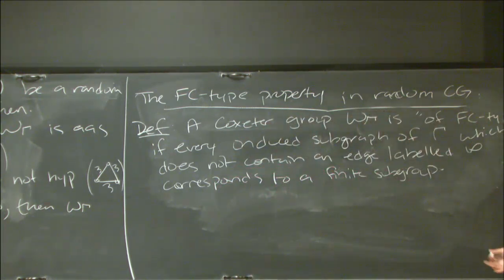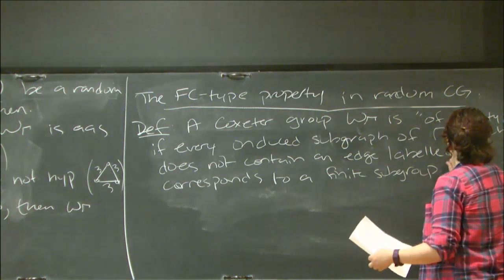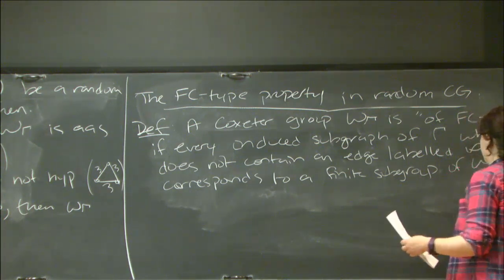All right, so this is some kind of a finiteness condition. We're saying, maybe our group isn't finite, and if you look at every induced subgraph, maybe the group you get from that isn't finite. But whenever it's not finite, we should have this edge labeled infinity there to show us that it's really not finite. Okay. Corresponds to a finite subgroup of the group.